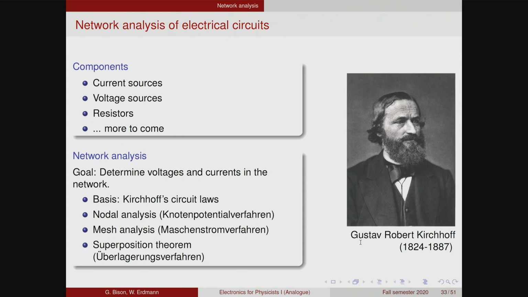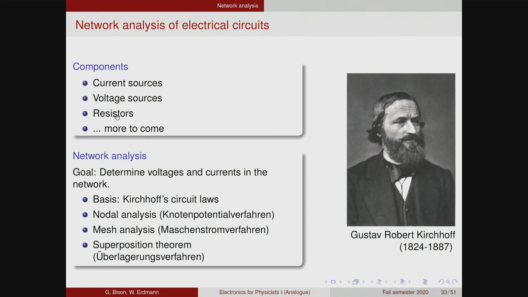And what he came up with is a nice set of rules that in principle any combination of current sources, voltage sources, and resistors, and later we will have more components, can be combined in a network, arbitrarily complex, and it's a set of rules that helps you to determine what's going on.